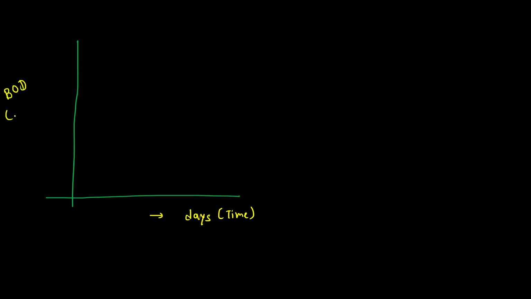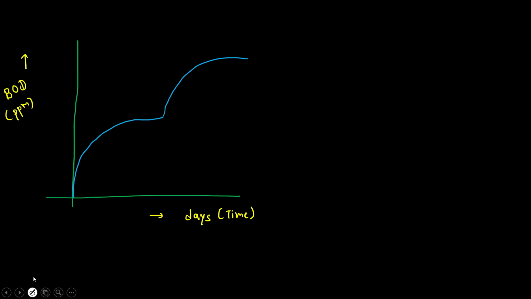So if we draw a diagram here, it will get more clear. Here there is time in days, and here we are drawing BOD, which we are measuring in ppm, parts per million. Now in the initial stage the curve looks like this, and then it again goes like this.